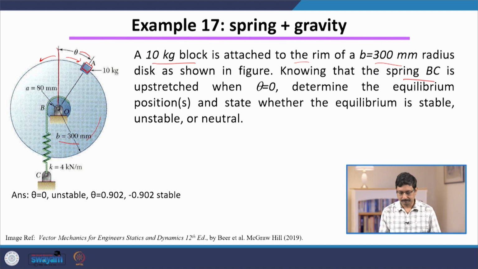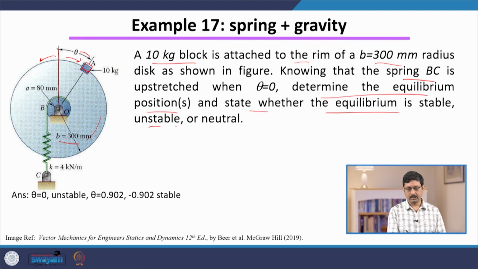This is the mechanism. The question is, determine the equilibrium positions and state whether the equilibrium is stable, unstable or neutral. So, the first question is, how do we determine the position? In this case, what is our system? Our system is the block with mass 10 kg.